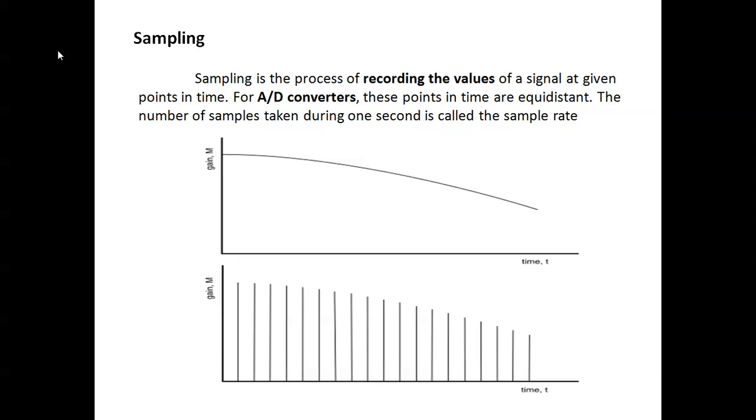For example, Monday might be 7, Tuesday 8, Wednesday 10. Can you predict it will keep improving like that? No, we couldn't predict. Anyone can be absent, anyone can be present. So this is discrete time. If you draw the graph, you will get a discrete time period.